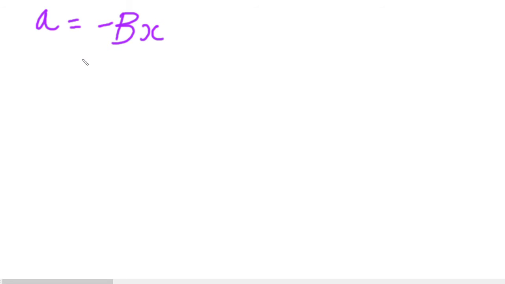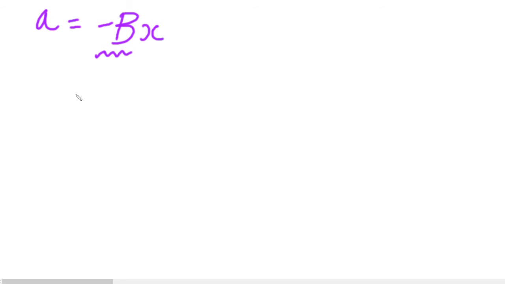The acceleration is equal to minus b times x, where b is some constant. But this is not that important to us because through what we remember from kinematics, we know that acceleration is the second differential of displacement with respect to time. Or in other words, acceleration is the rate of change of velocity, and velocity is the rate of change of displacement with respect to time.